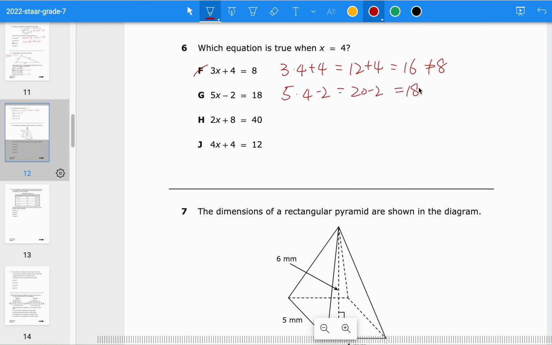That is 18. So G is correct. Let's double check H and J. 2 times 4 plus 8, which is 8 plus 8, that is 16. That is not 40. So H is out. And J: 4 times 4 plus 4, that is 16 plus 4, that is 20, not 12. J is out.